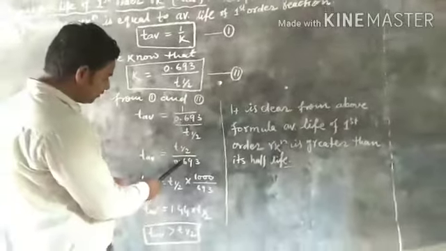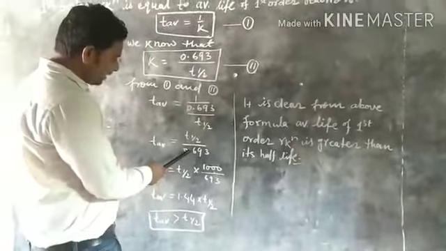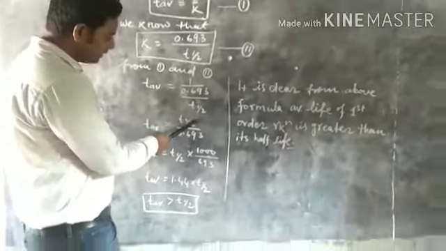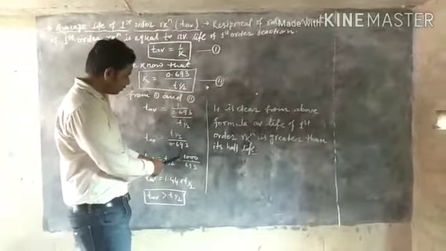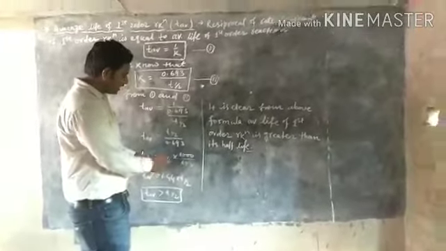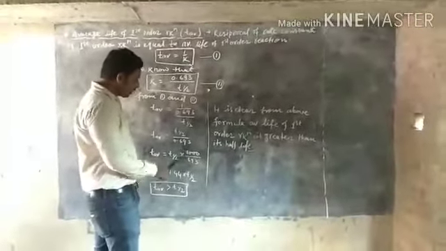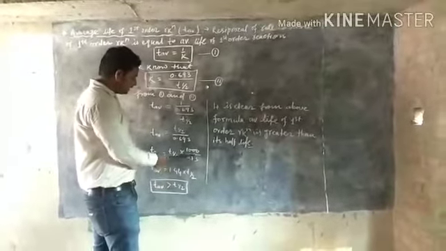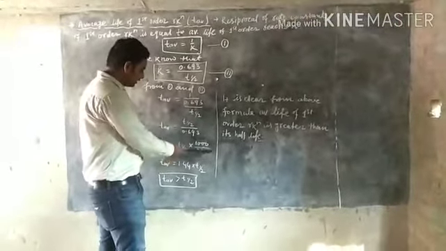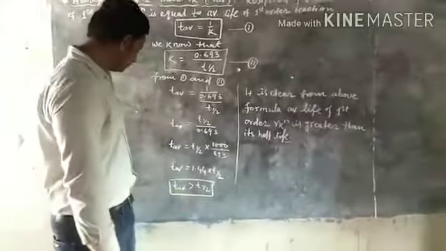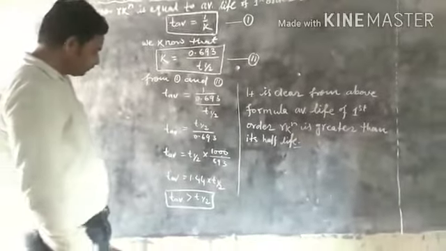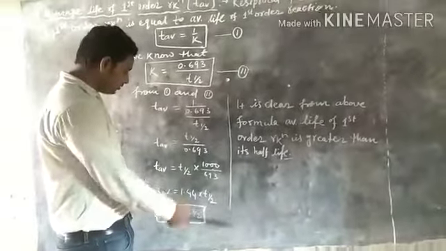And when we remove decimal, then 1000 will be the numerator. So T average equal to T half into 1000 by 693. When we divide 1000 by 693, the value is 1.44. Means T average equal to 1.44 into T half.